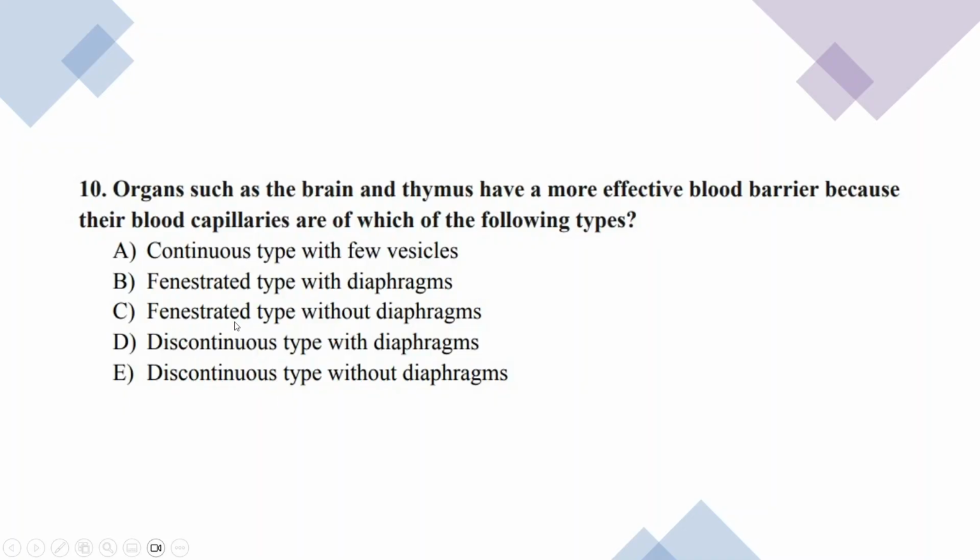Now, fenestrated capillaries have fenestrations, so it does not matter if it has a diaphragm or it doesn't. It lets substances pass through. On the other hand, we have stated that continuous types are the least leaky ones, and they have marginal folds with tight junctions. So A is the most appropriate answer for this question.